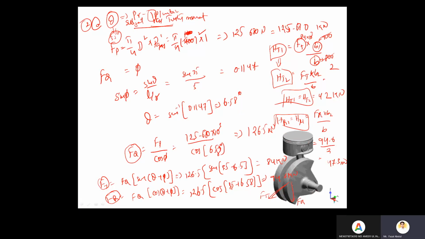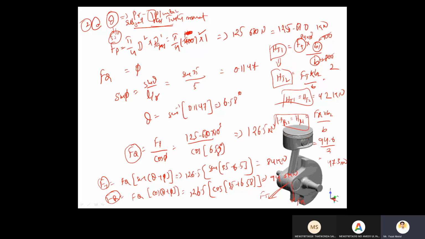So this was our last class problem. We are discussing the second case. This problem belongs to design of crankshaft. In design of crankshaft, there are two ways: one is the crank at the dead center, and the other is the crank at an angle subjected to the maximum twisting moment.